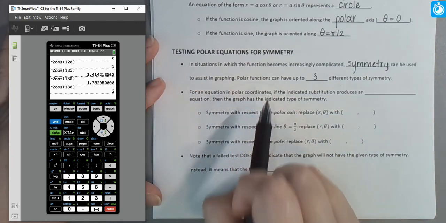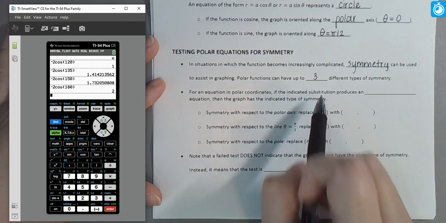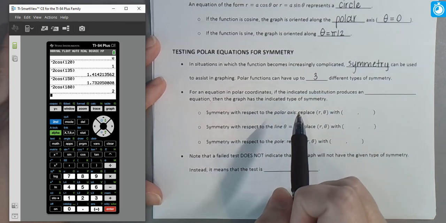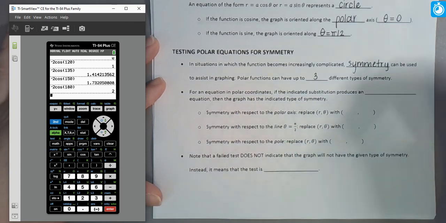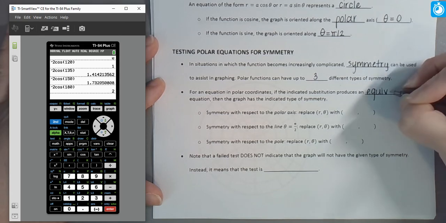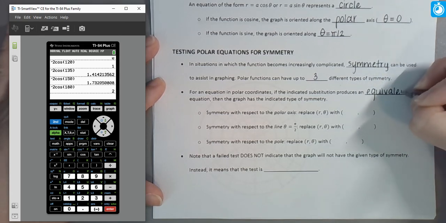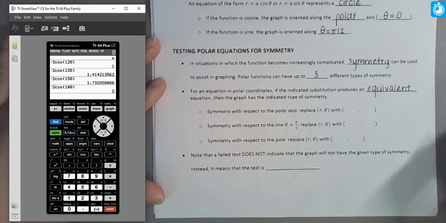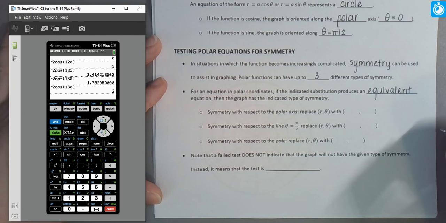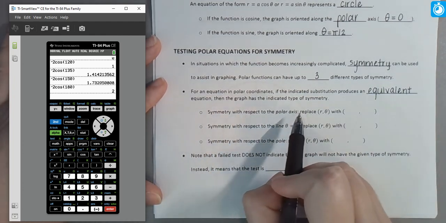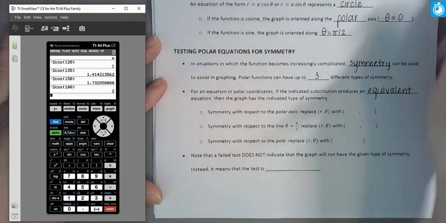So for an equation in polar coordinates, if the indicated substitution, so we're going to do a substitution, just like we do with x and y symmetry, if the indicated substitution produces an equivalent, a matching equation, once we simplify things down, then that indicates that our graph has the indicated type of symmetry that we're testing for. So our 3 different types of symmetry, we have symmetry with respect to the polar axis.